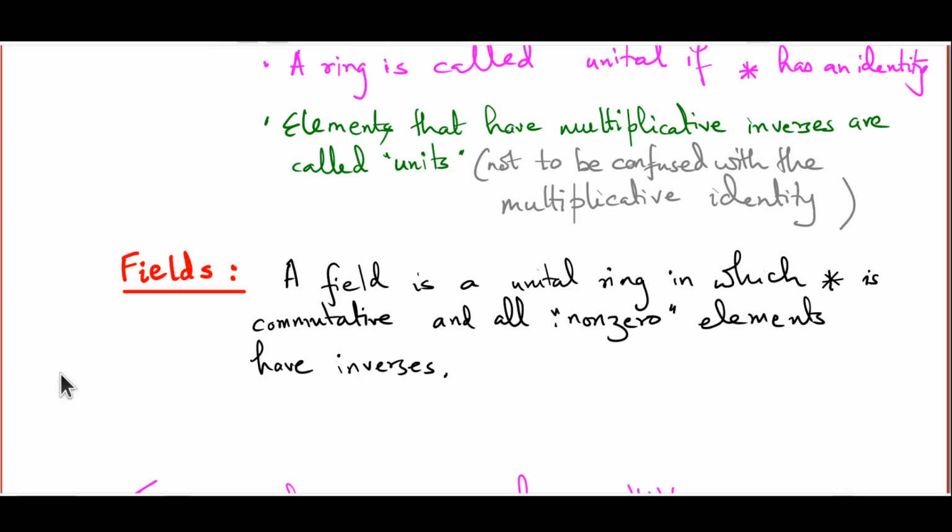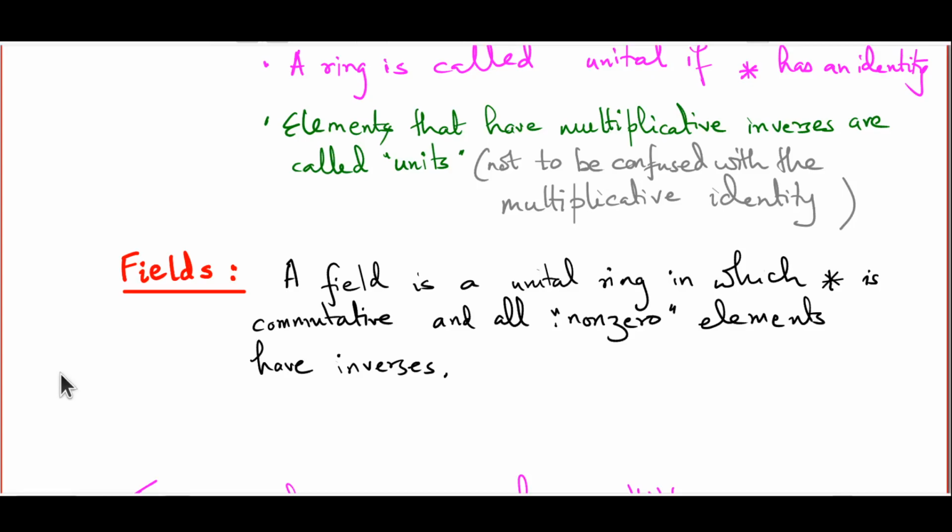When I say non-zero, I of course mean elements which are distinct from the additive identity. Now, it should be pretty easy for you to check that the basic properties that we have talked about, the distributivity, the fact that F plus is an abelian group and so on, will immediately lead to this result that the additive identity 0 star any element of the field has to be 0.